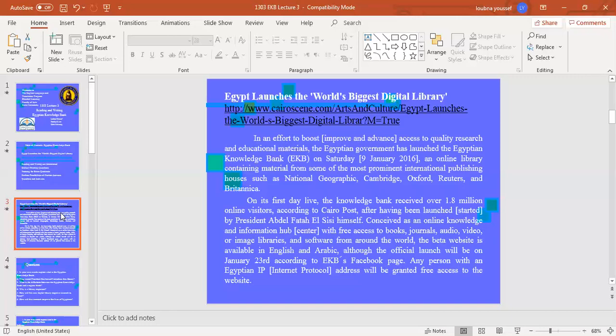Now, the Egyptian government has launched the Egyptian Knowledge Bank on Saturday.